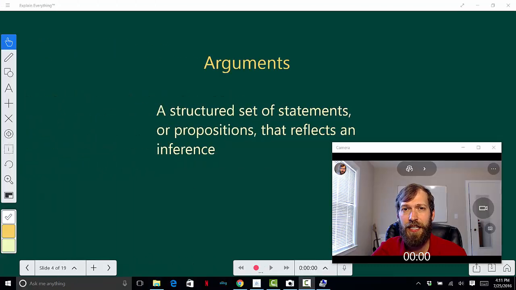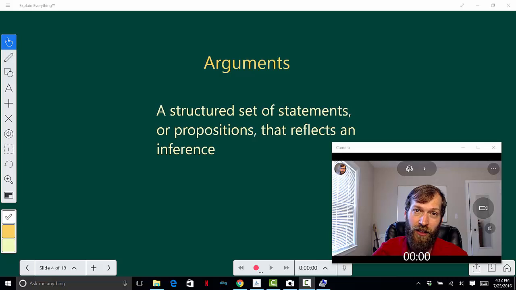Since we're interested in learning how to analyze arguments correctly or appropriately, we need to know what arguments are. Now, we're not concerned with the kind of argument that maybe you and your significant other or your family members or maybe a friend who differs with you on political issues have, the type of argument where you're kind of yelling at each other back and forth.